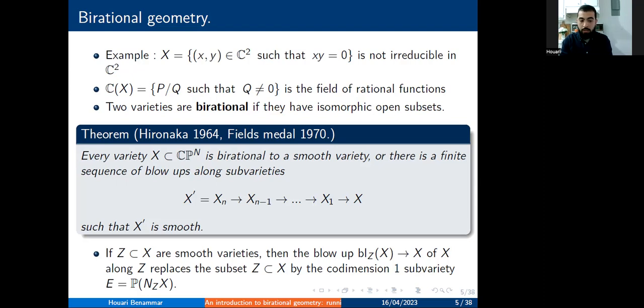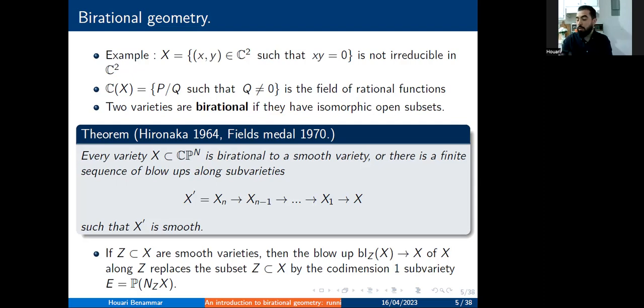Now I state a fundamental theorem in birational geometry. This is due to Hironaka. The statement is as follows. Every variety X in CPn is birational to a smooth variety.